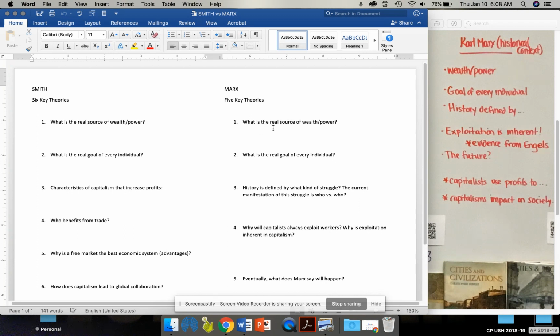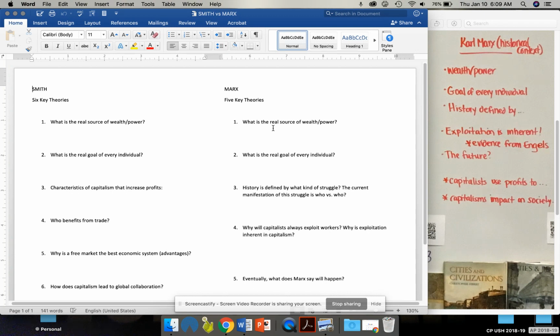According to Karl Marx, what is the real source of wealth and power? Adam Smith would say it's the product, the thing that's made, and therefore the profit you can get from the sale of that thing. Marx has this entirely different idea that really the source of wealth, the source of real power, is not the thing, but the ability to make that thing.